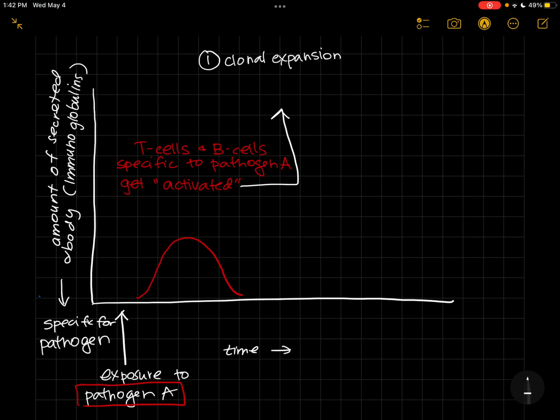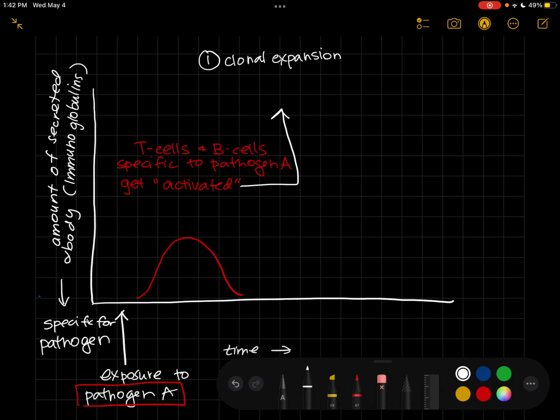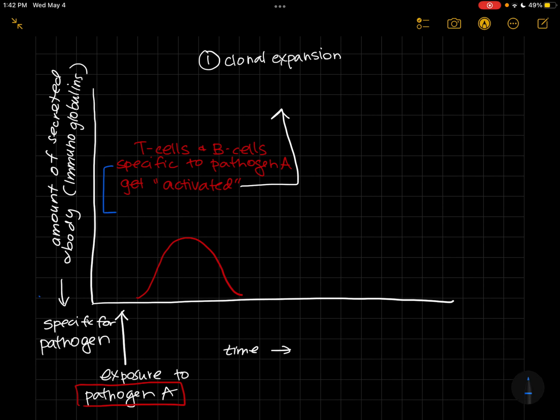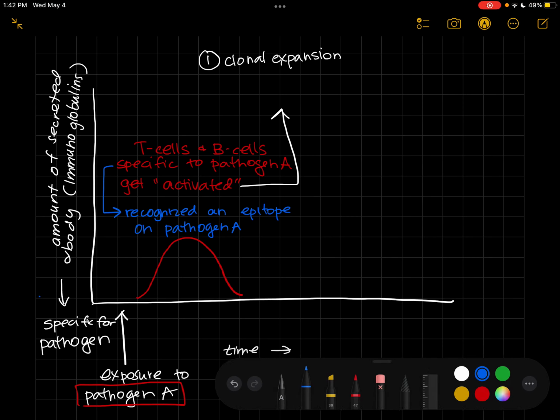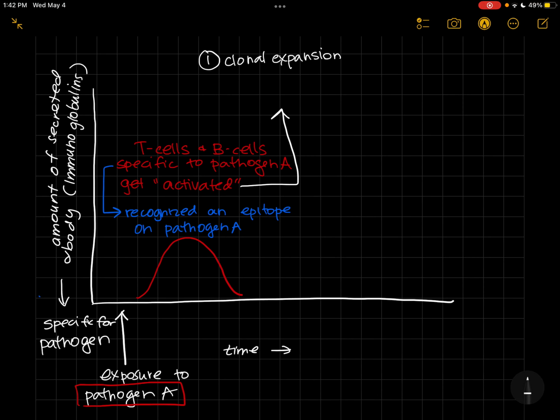So the specific T cells and B cells that recognized the epitope. So specific to pathogen A means they recognized an epitope on pathogen A. So all of the B cells and T cells that recognize that epitope are now going to start to clone themselves to make more and more T cells and B cells that also recognize that particular pathogen.